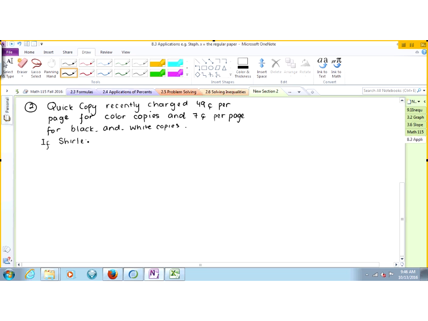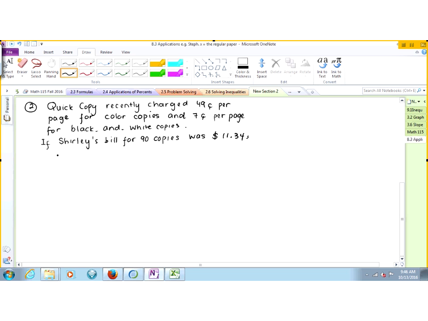So if Shirley's bill for 90 copies was $11.34. So which one is the total amount and which one is the total value? Total amount is 90 and total value is $11.34.